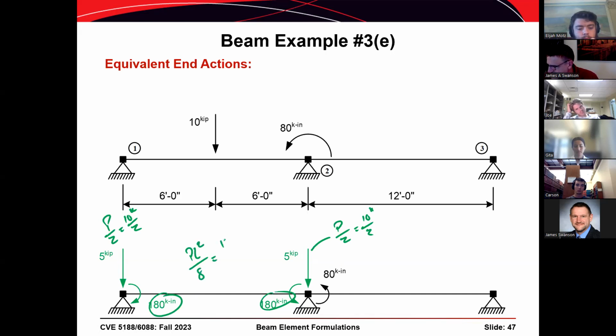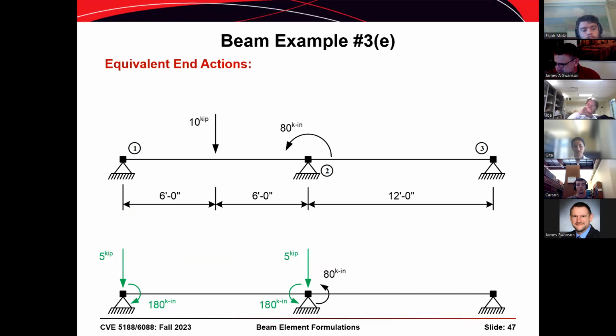So that's going to be equal to 10 kips times, you don't want to write in 12 feet, it's actually 144 inches squared divided by 8, and that gives you 180 kip inches. And so that's how we determine the magnitudes of those. And so when you go in and look at them, this one is actually going to be -5 kips because it's acting opposite to what is positive for that degree of freedom.